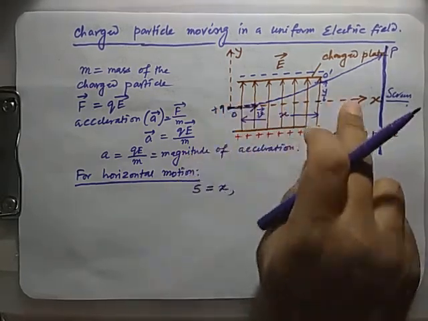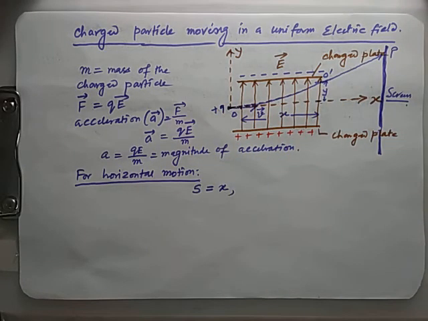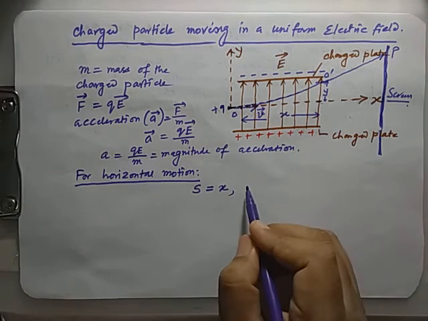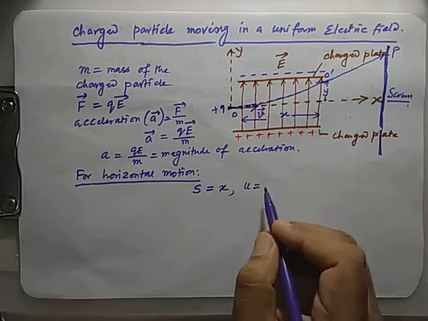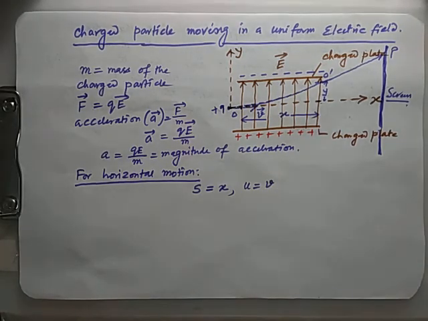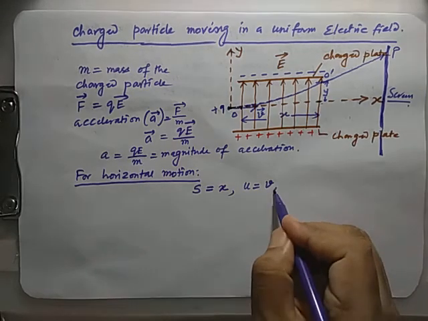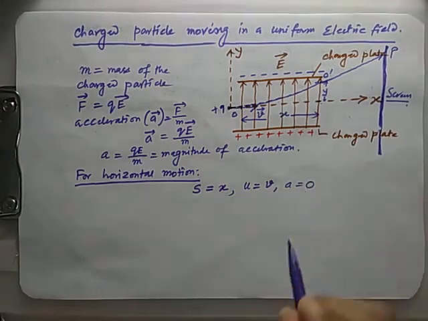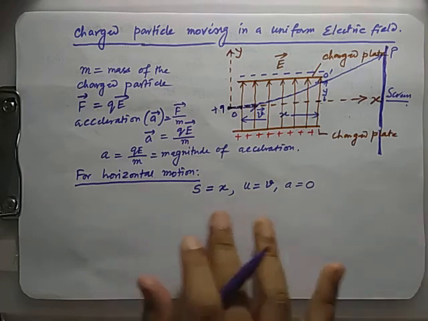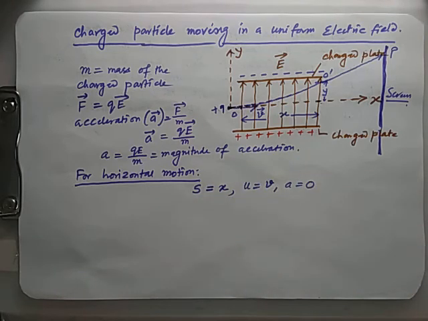Now what is the velocity in the horizontal direction? u is equal to v. And is there any acceleration in the x direction? There is no acceleration, so a is equal to 0.